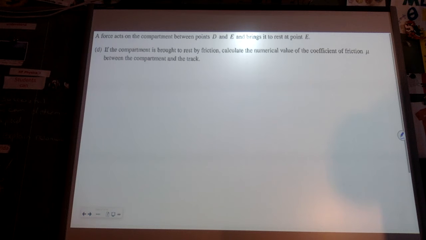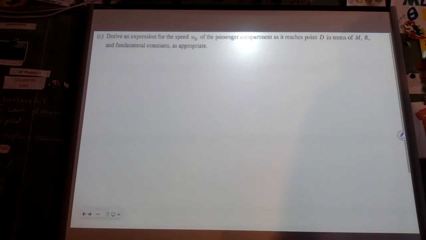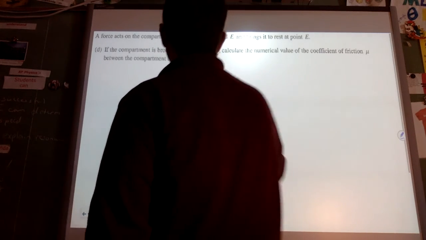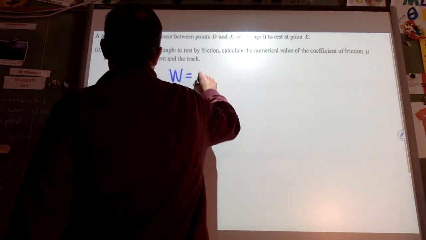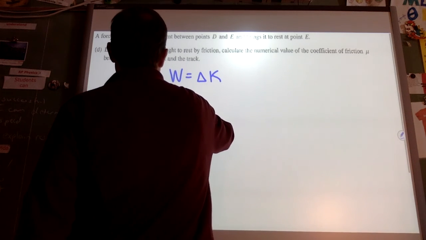A force acts on the compartment between D and E and brings it to rest at point E. If the compartment is brought to rest by friction, calculate the numerical value of the coefficient of friction between the compartment and the track. So it's going to go 3R. Work is going to be equal to the change in kinetic energy.